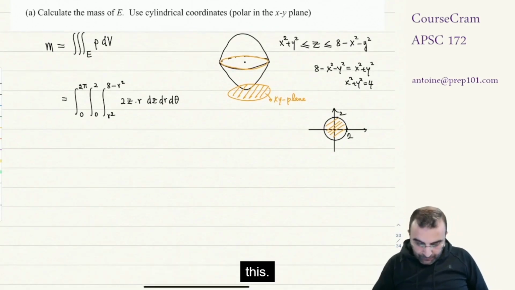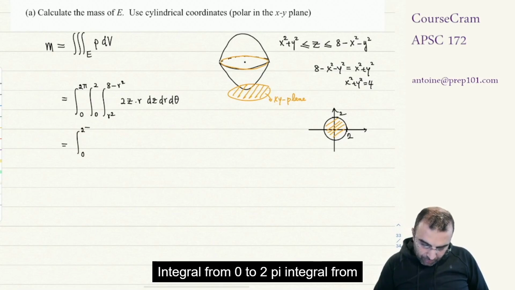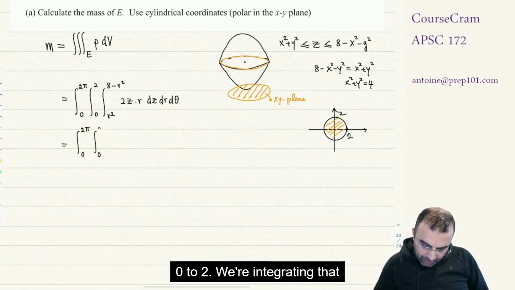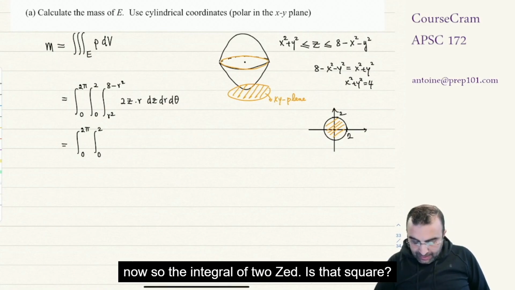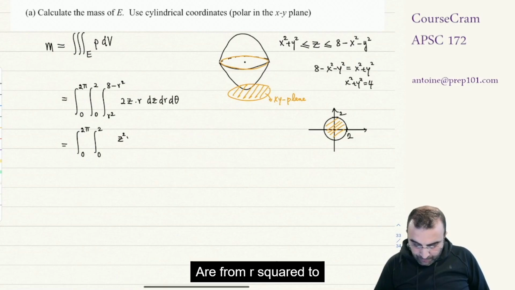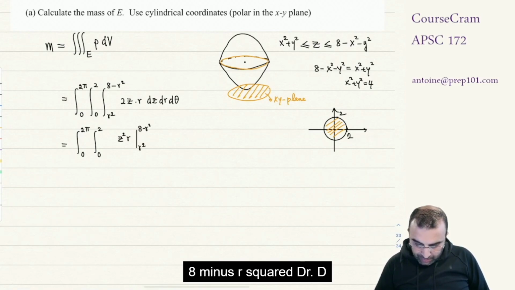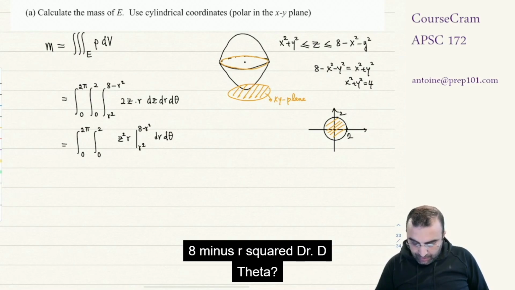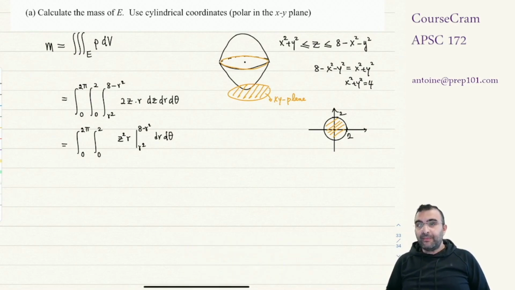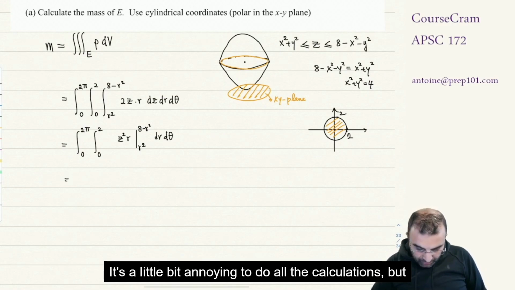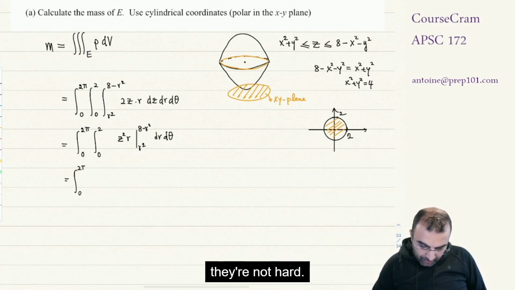So let's carefully do this. Integral from 0 to 2 pi, integral from 0 to 2. We're integrating z now, so the integral of 2z is z squared, from r squared to 8 minus r squared, dr d theta. It's a little bit annoying to do all the calculations, but they're not hard.